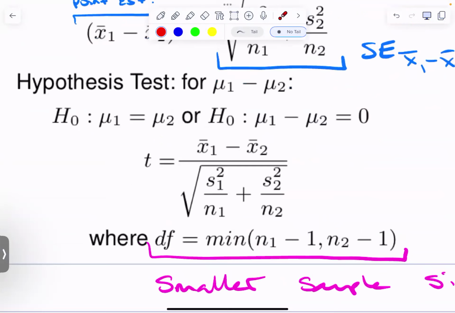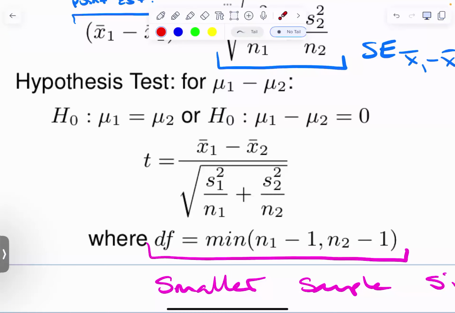For hypothesis tests, we're testing for mu1 minus mu2. What does this look like? We've seen something similar when we talked about p1 minus p2, comparing 2 proportions. We have 2 options again, very similar to what we saw for proportions. My null hypothesis is that mu1 is equal to mu2. These 2 things are the same.